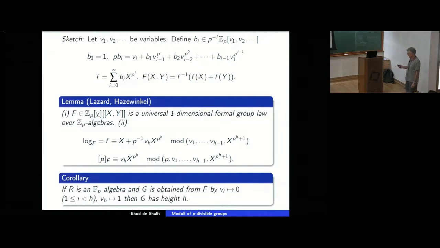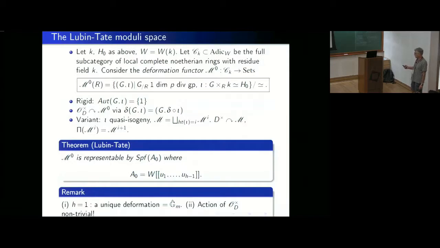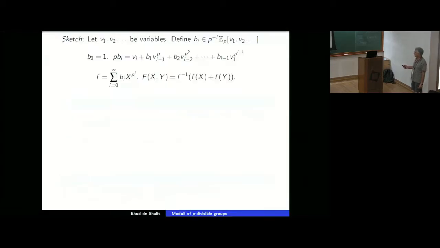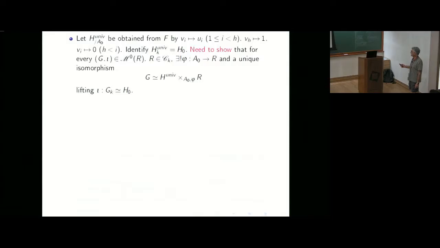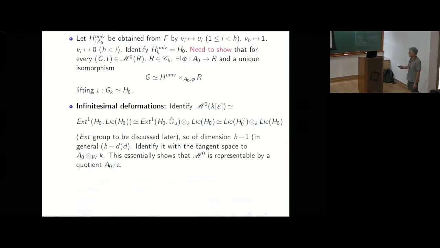So all that I want you to remember from this is that these coordinates, u_1 up to u_{h-1}, are obtained by specializing the first h-1 coordinates in this universal formal group law, and the u_h is specialized to 1 and the rest to 0.